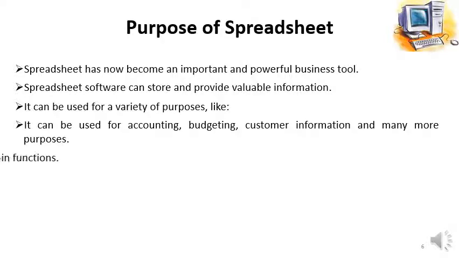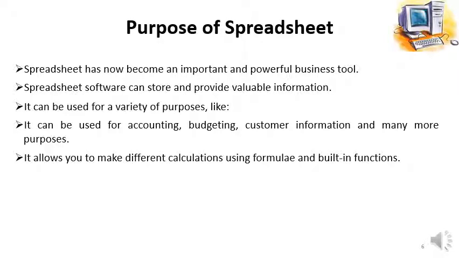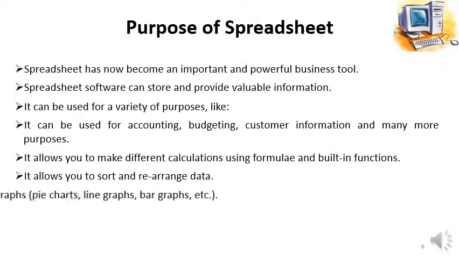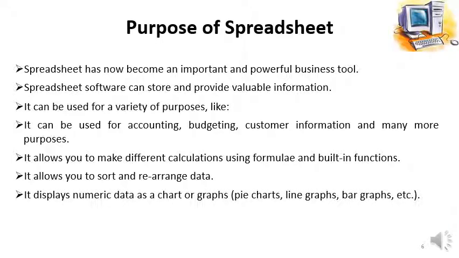It allows you to make different calculations using formulas and built-in functions. It allows you to sort and rearrange data. It displays numeric data as charts or graphs, for example pie charts, line graphs and bar graphs. All these different types of graphs and charts are available in the spreadsheet, which can represent your data easily.